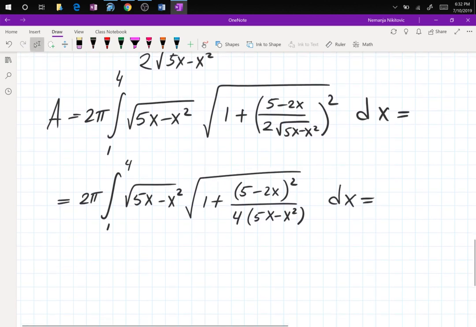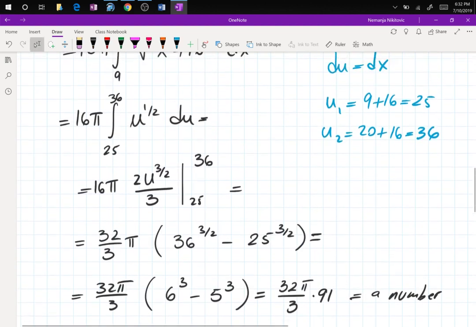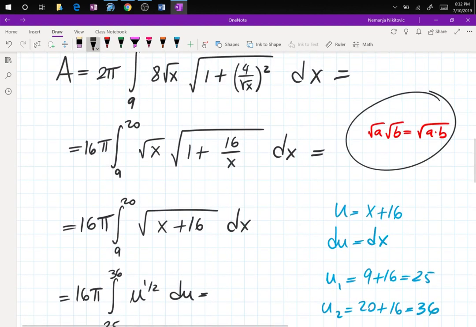Now what I'm going to do is multiply the first root into the second root, and that is going to kill this term completely. So when I combine the 2 square roots using the formula I wrote from algebra before, there it is.